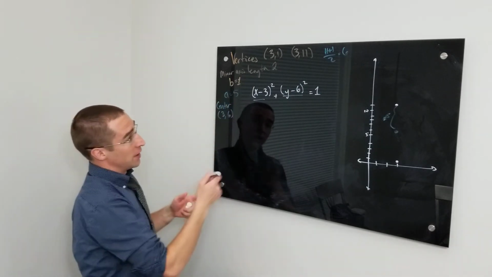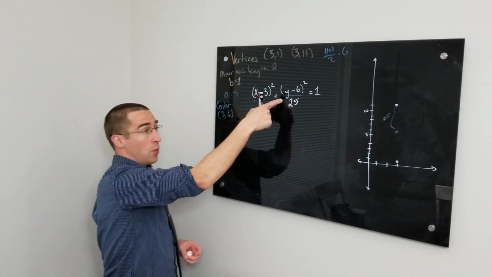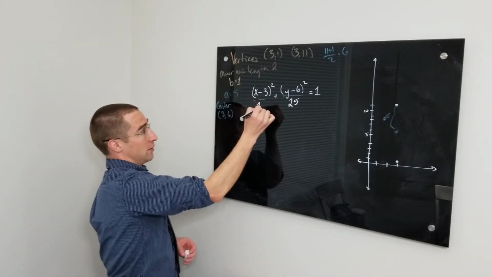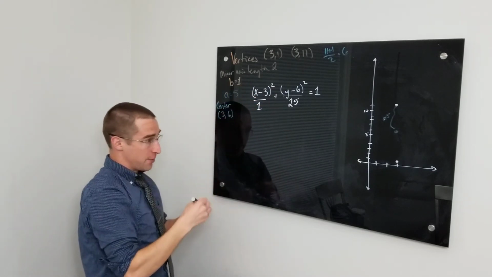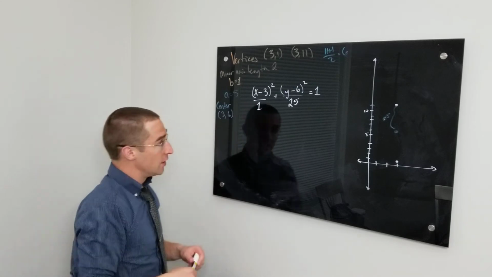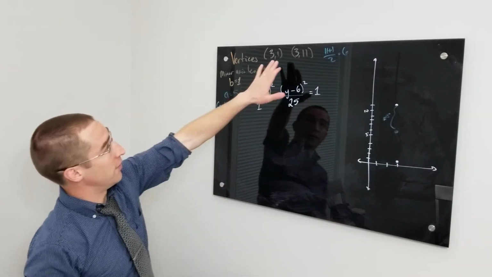The 5 squared, or 25, the a squared, is going to go below the y part. Here, the b is 1, so 1 squared is going to go below the x part because the minor axis is horizontal. So we've got our equation, our center, and our vertices.